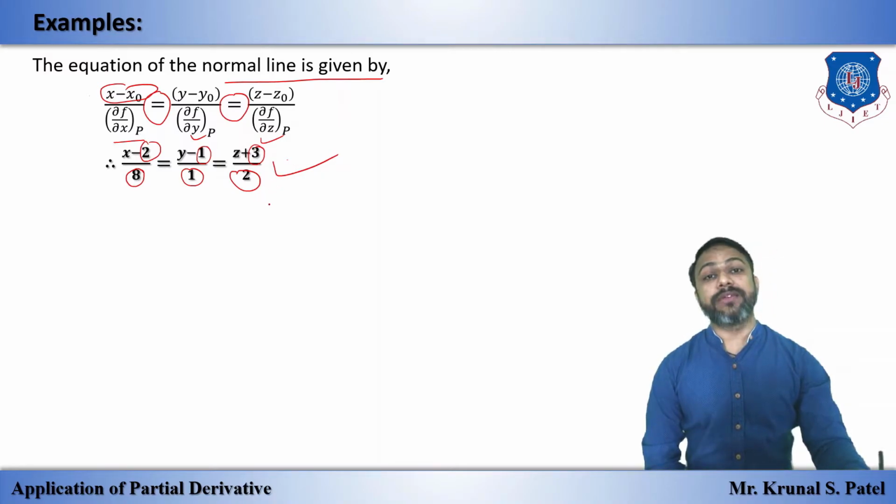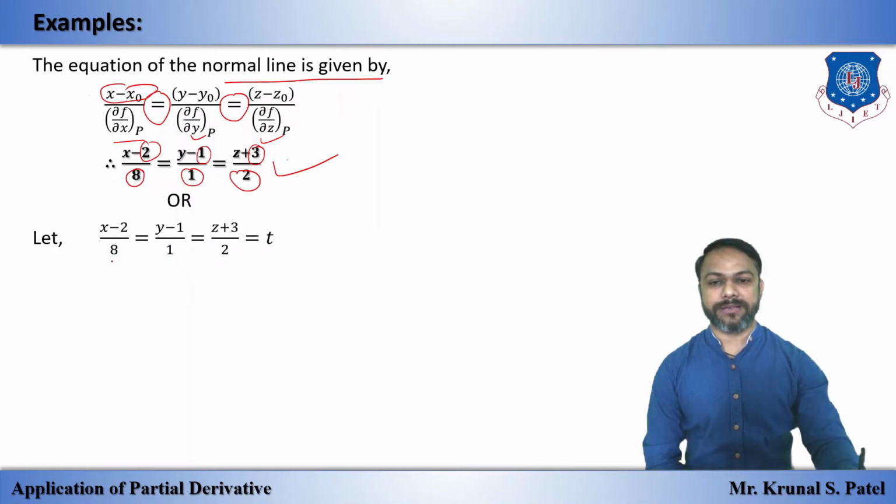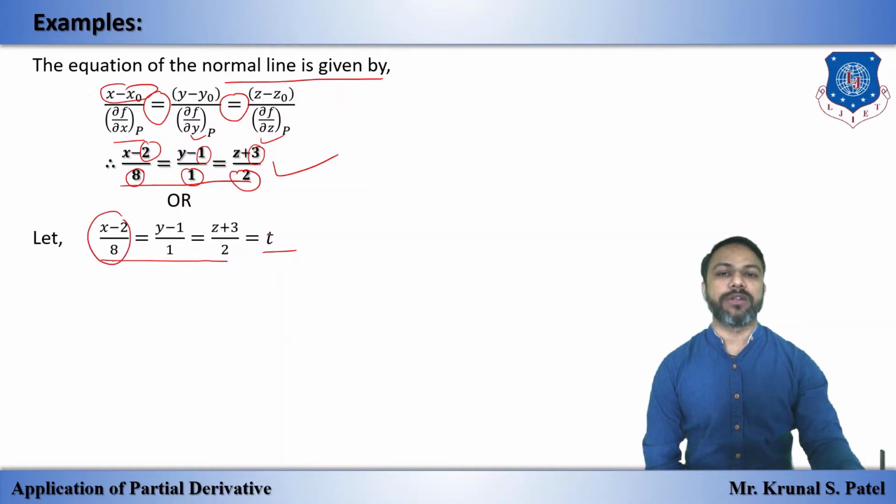Okay, but if there is a question in examination, find the parametric equation of normal line, then what? Then you have to do this step. That means we have to take this equal to t, the normal line we have already obtained here. That means these three terms equal to t.